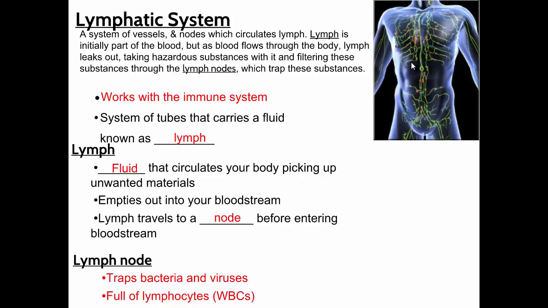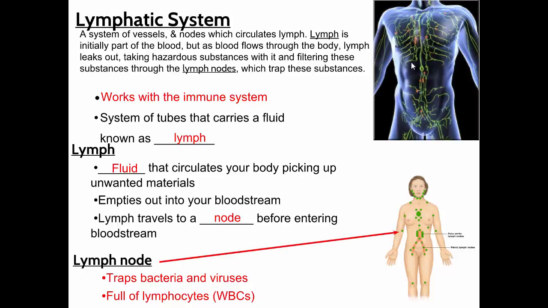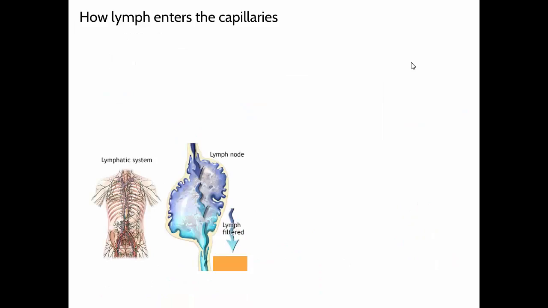We have lymph nodes all scattered throughout our body. They're clustered in our neck area. We have a bunch of lymph nodes in your chest, in your armpits, in the groin area. There's lots of these lymph nodes. So as this lymph fluid goes through, these pathogens can be filtered out. And those white blood cells help to destroy those pathogens.